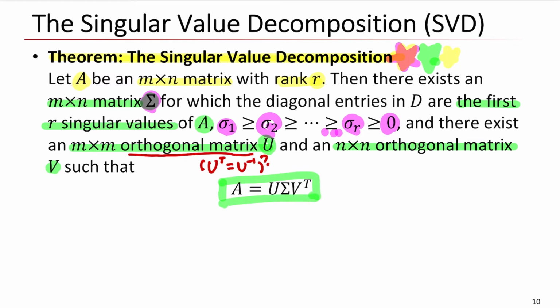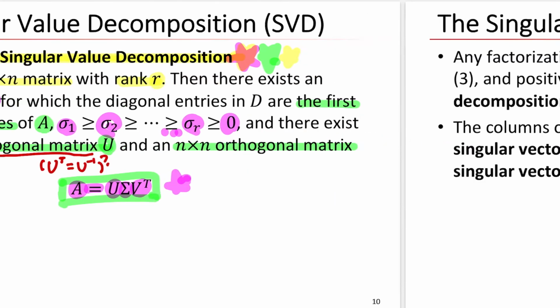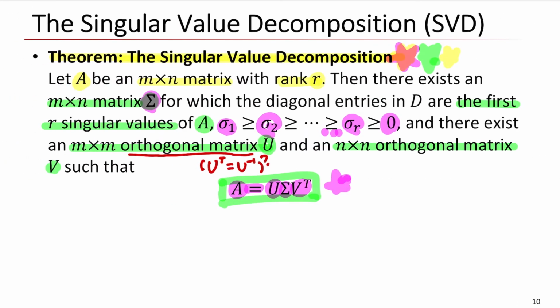any arbitrary matrix A can be decomposed as U sigma V transpose. So this is the singular value decomposition. I think this decomposition technique is the most popularly used in many applied linear algebra fields, so please remember it.